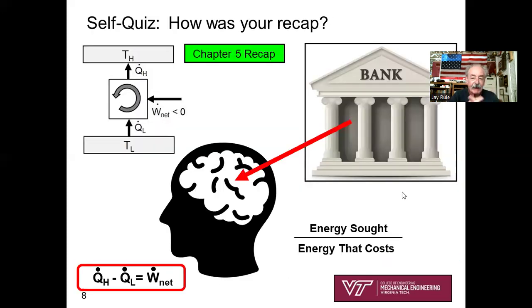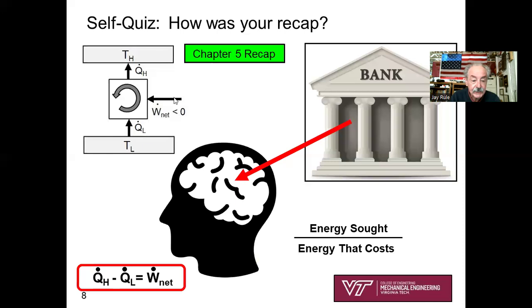And there we go. There's my recap. So think of your head, think of your brain as a bank, as a memory bank, and what key things are going to be important for Chapter 10. Remembering the coefficient of performance is the energy sought over the energy that costs. You've got that in your head.